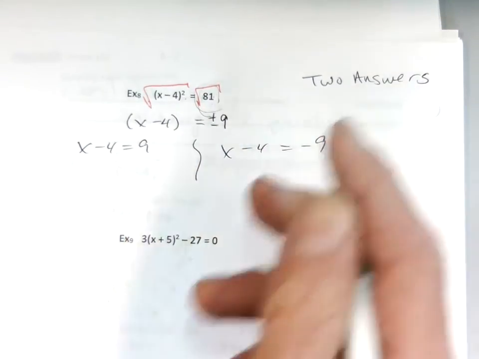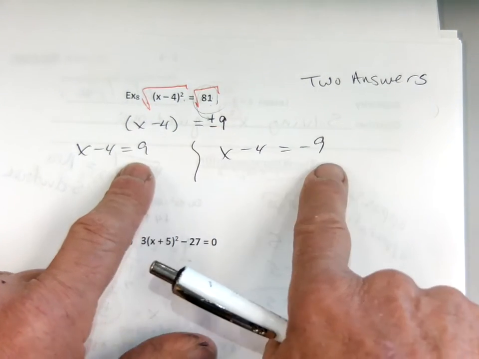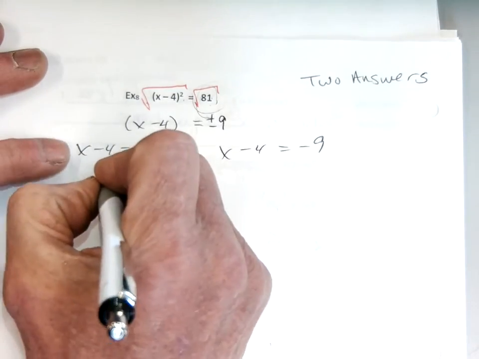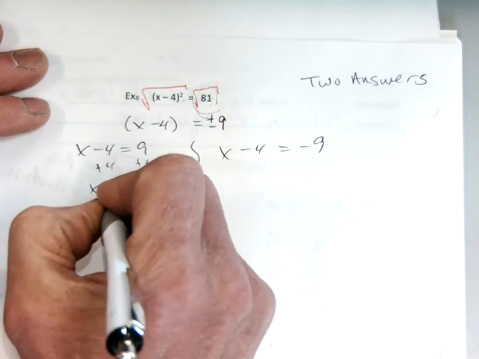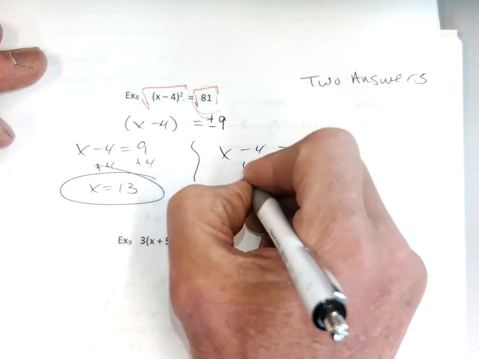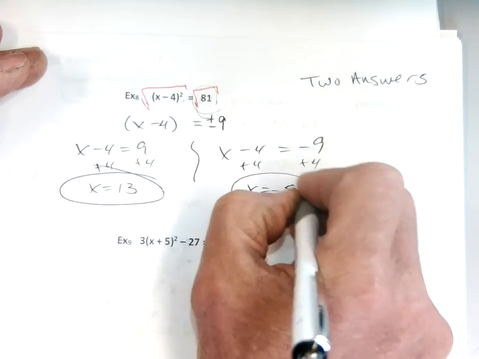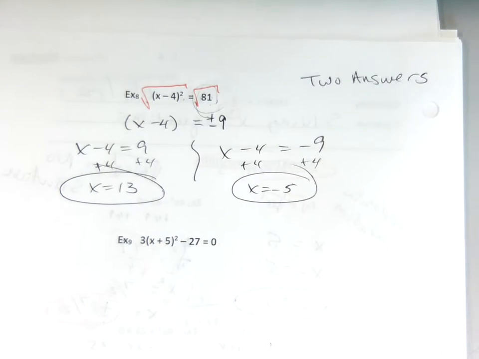But I needed two answers. So I got my two mini equations, plus 9, minus 9. I'm going to solve here. I'm going to go plus 4, x equals 13, right? Plus 4, x equals negative 5. Boom! Not too bad?